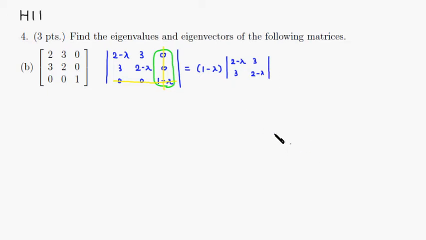Then I would just compute this. This is 2 by 2, so we can just do this times that. So it's 1 minus lambda times, let's multiply out: 4 minus 4 lambda plus lambda squared, minus 3 times 3, so minus 9.